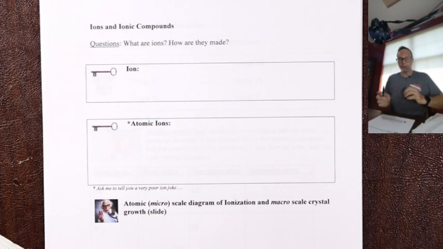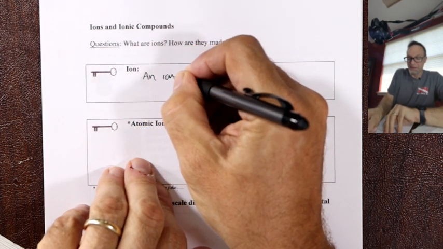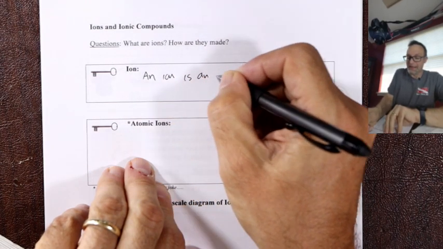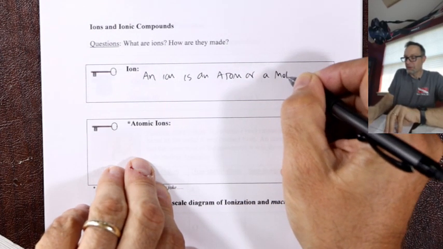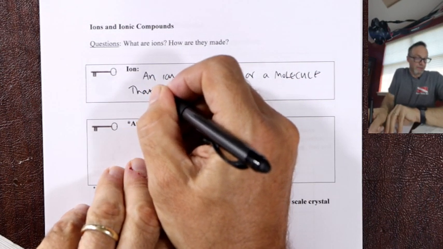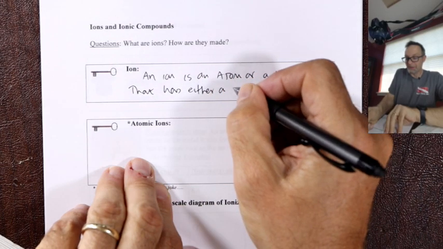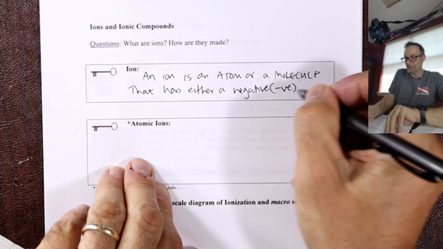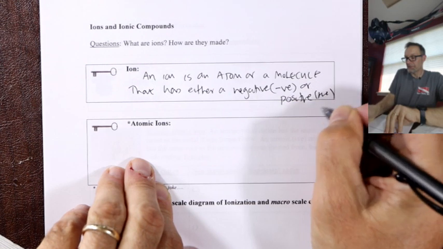So what's an ion? Very basically, we talked about it in the flow chart. An ion, and we'll talk about atoms first and molecules later, but an ion is an atom, which we'll talk about first, or a molecule that has either a negative, my abbreviation is minus VE, or a positive, plus VE charge.